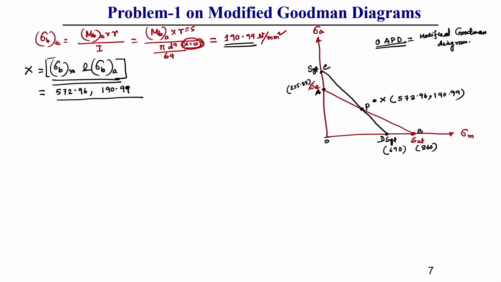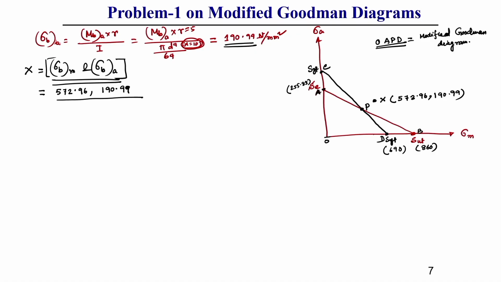If it is not safe, it can still be subjected to some number of cycles. What should be the number of cycles? If the point lies inside the modified Goodman diagram, then it will not fail due to an infinite number of these types of cycles.